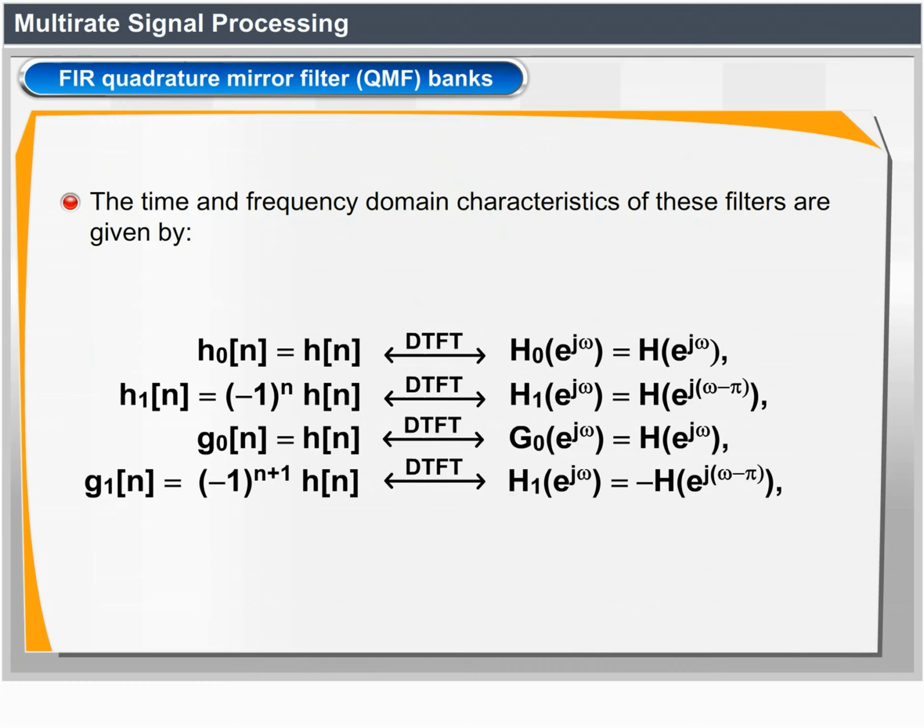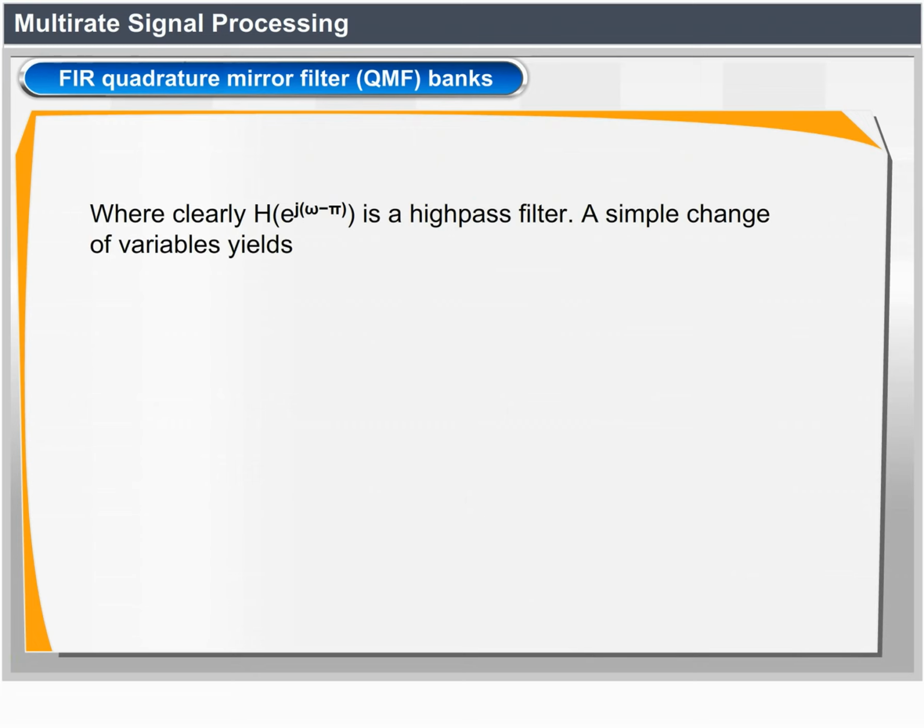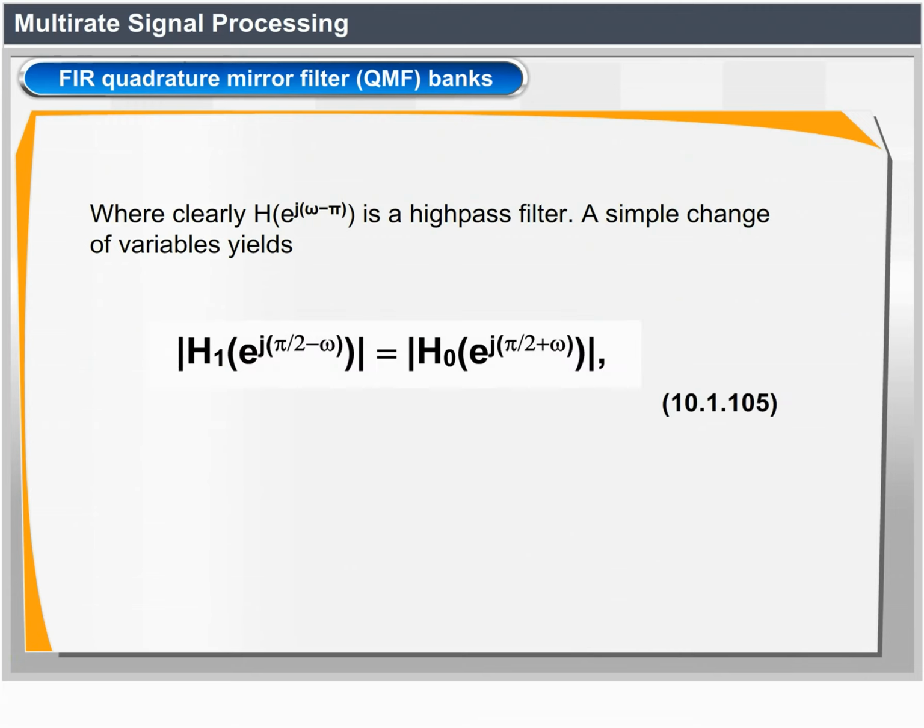A simple change of variables yields modulus of h1 of e^(j(π/2-ω)) equal to modulus of h0 of e^(j(π/2+ω)), called equation 10.1.105. That is, the magnitude responses are symmetric about the quadrature frequency ω equal to 2π by 4.